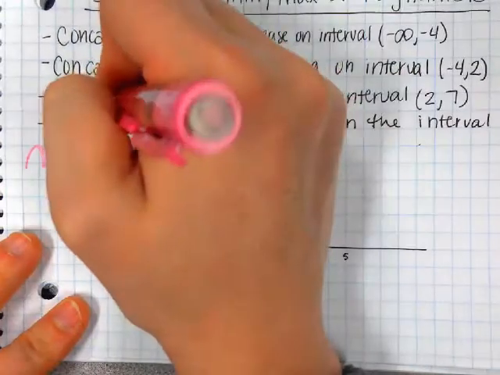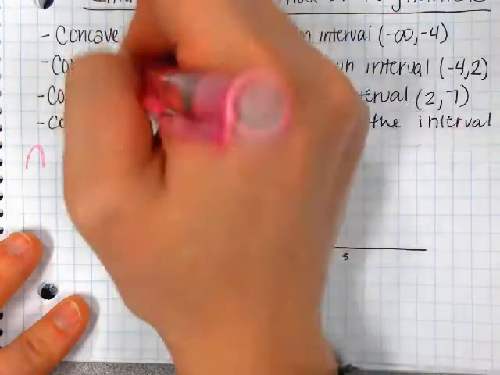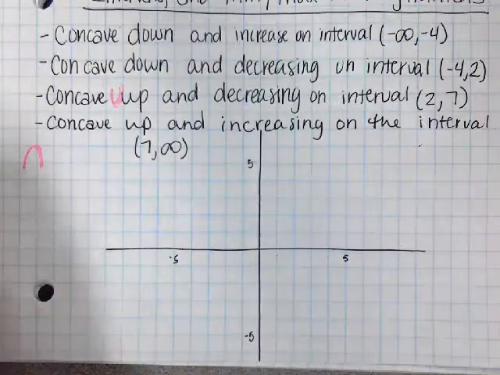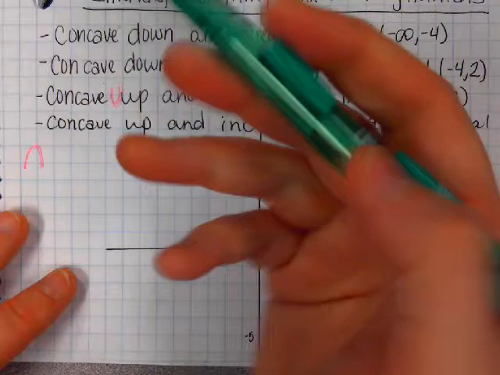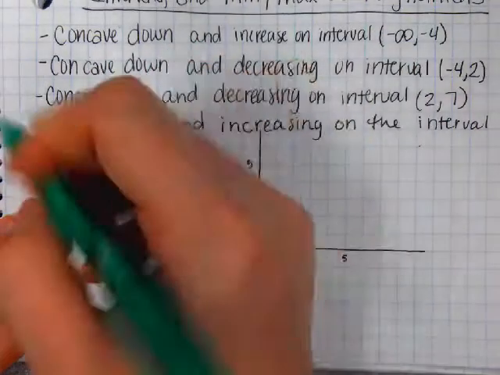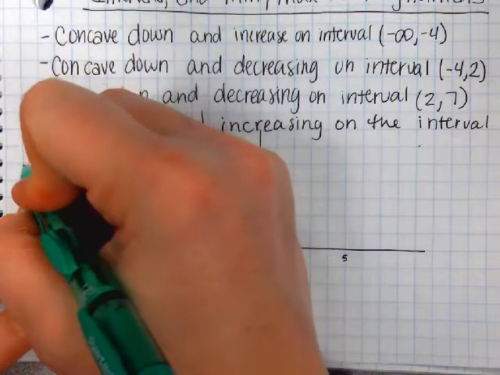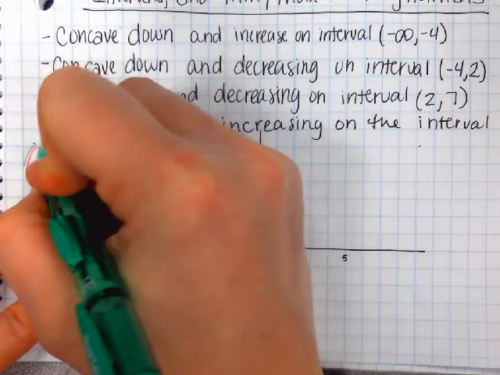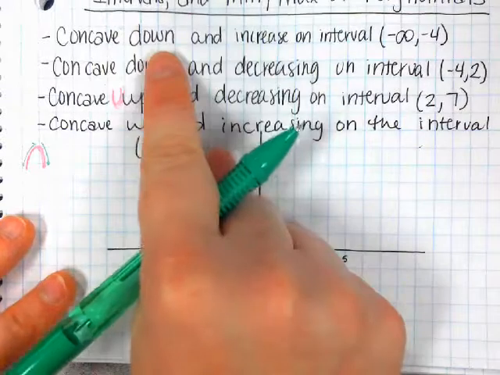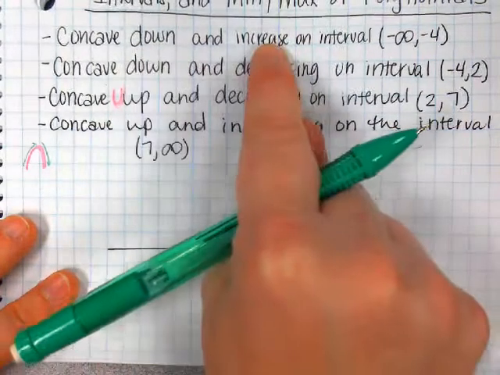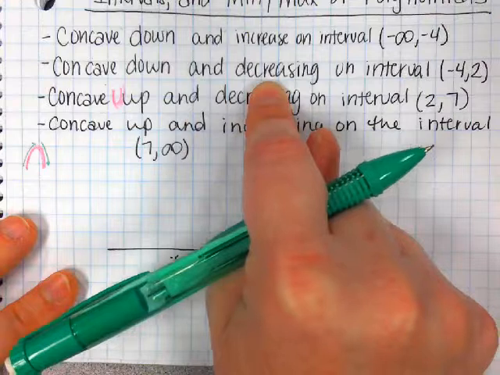We're talking about down first. If you look at this concave down, this part is increasing and this part is decreasing. So that's how you can have two parts of concave down, one part being increasing, one part being decreasing.